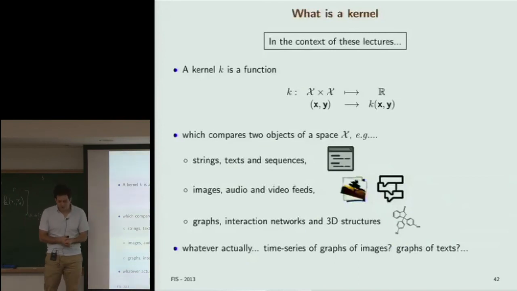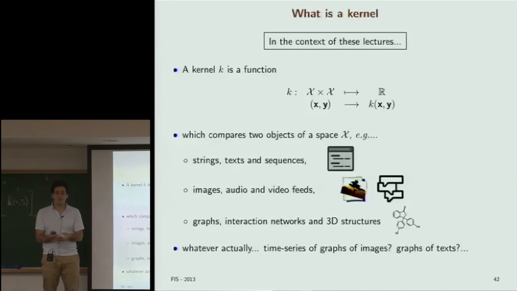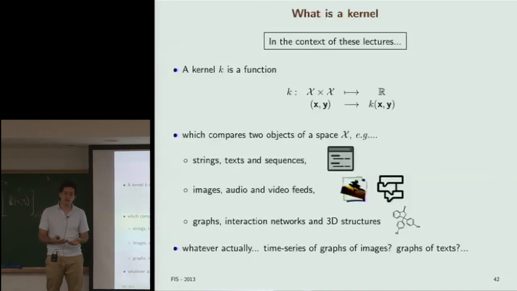And it's especially interesting to do that when there is no natural dot product between your objects. So in most of these lectures, our base objects were vectors. We were always assuming that our observations were vectors. But in many cases in practice, you will not have vectors.